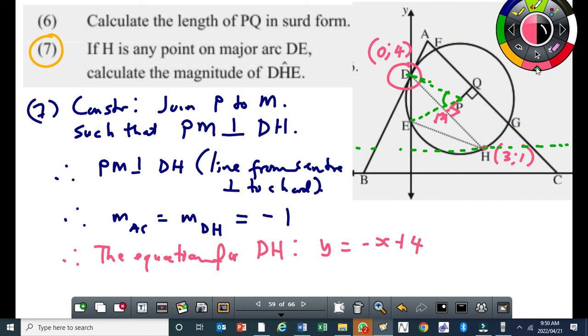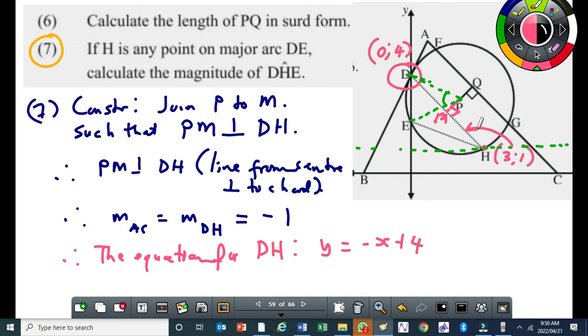Right? If I construct a line parallel to the x-axis, it means that this new line here will behave like a new x-axis. Hence, I can use the angle of inclination. So if I know the gradient of GH, I can calculate the size of this whole angle here.